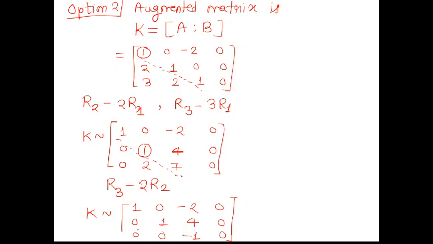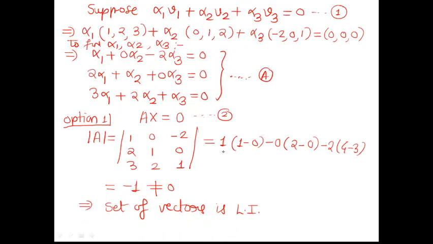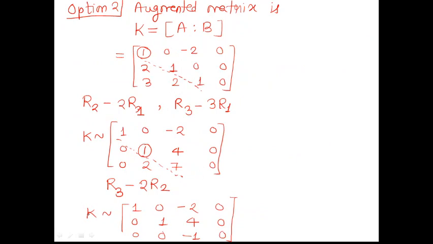So when it is a unique solution, then we will always have a linearly independent set of vectors. But if the system of equations has infinite solutions, then it gives us a linearly dependent set of vectors. So I repeat, when the right-hand side is 0, the system will always be consistent, that is, rank of A is equal to rank of K. We only need to check whether it has a unique solution or infinite solutions.